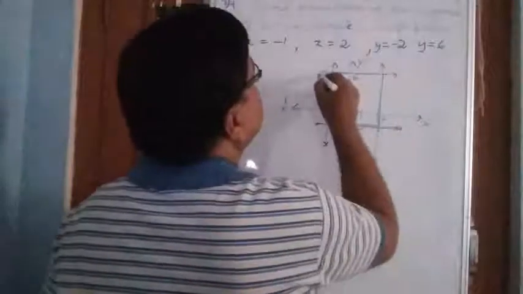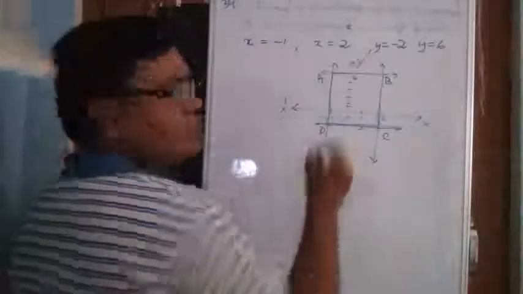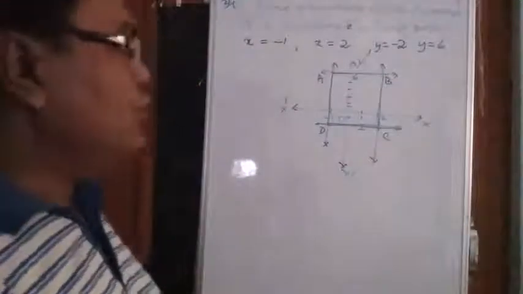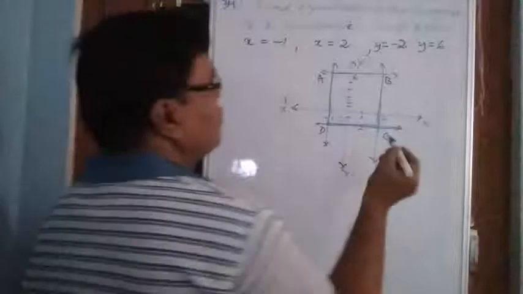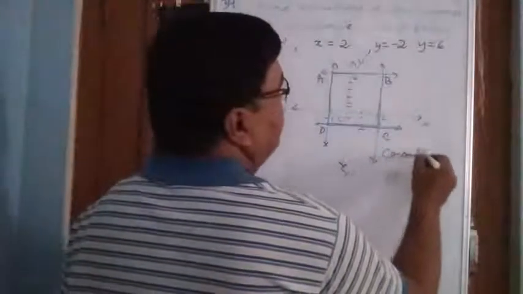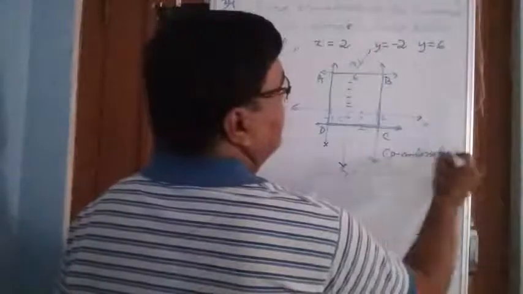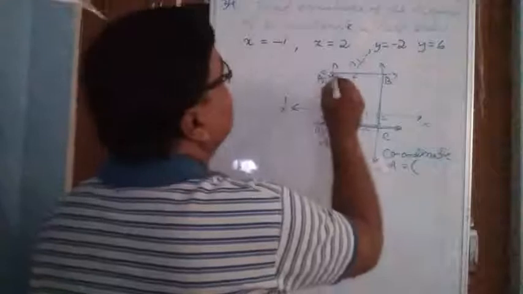Let us name this A, B, C and D. ABCD is your required rectangle. First, let us find the coordinates.